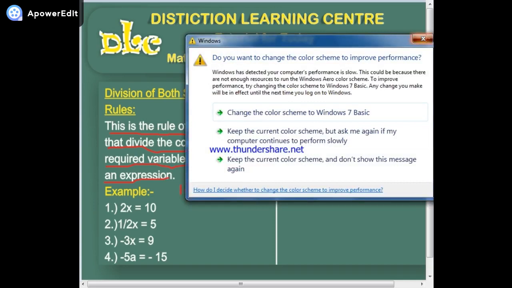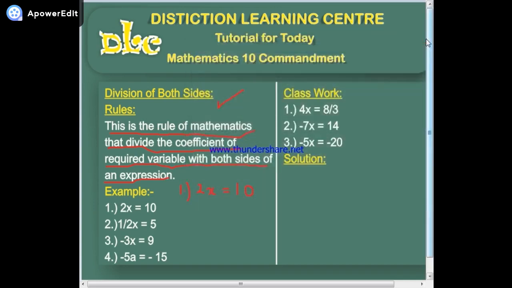Let's say for instance you have 2s squared, and the question asks what is the coefficient of s squared. Your coefficient of s squared here will be plus 2.